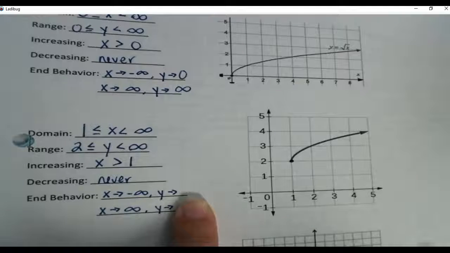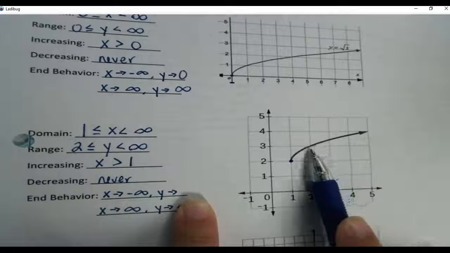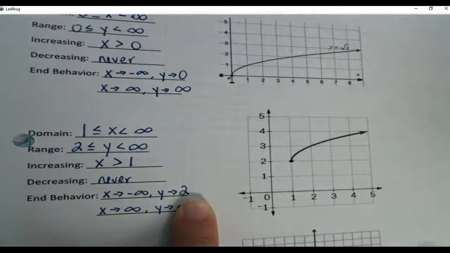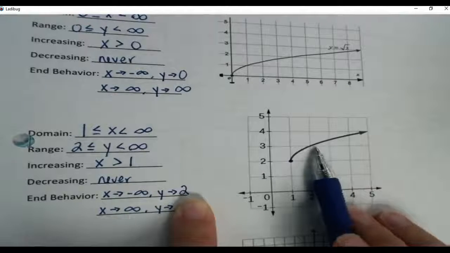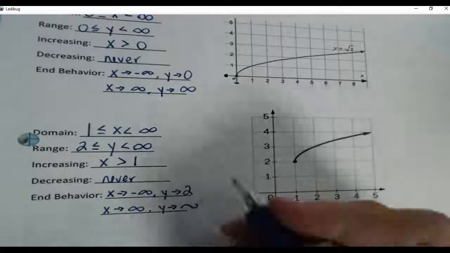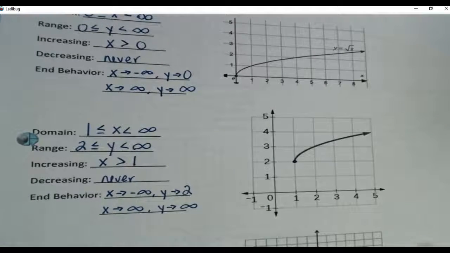So if we look at this one, we start in the middle. As my x's are getting smaller, where's my y going? To 2. Again, if we start in the middle, as my x's are getting bigger, where's my y going? Infinity. Good. Which I tried to tell you before you knew. Questions.